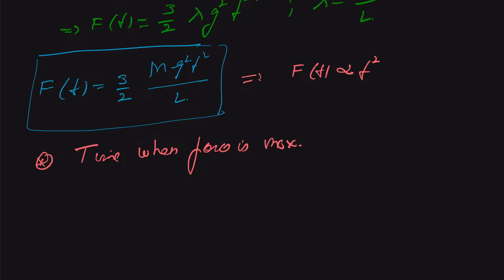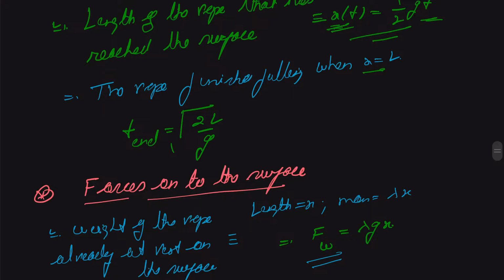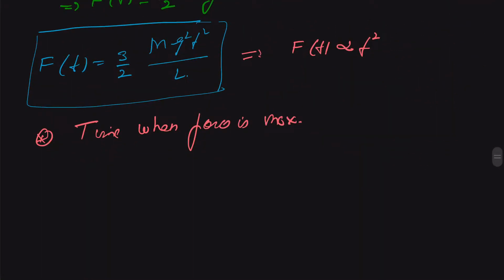And we said that this time finishes when t end is equal to 2L upon g. So it means that from here we can say that T max, the maximum time, will be equal to the square root of 2L upon g.